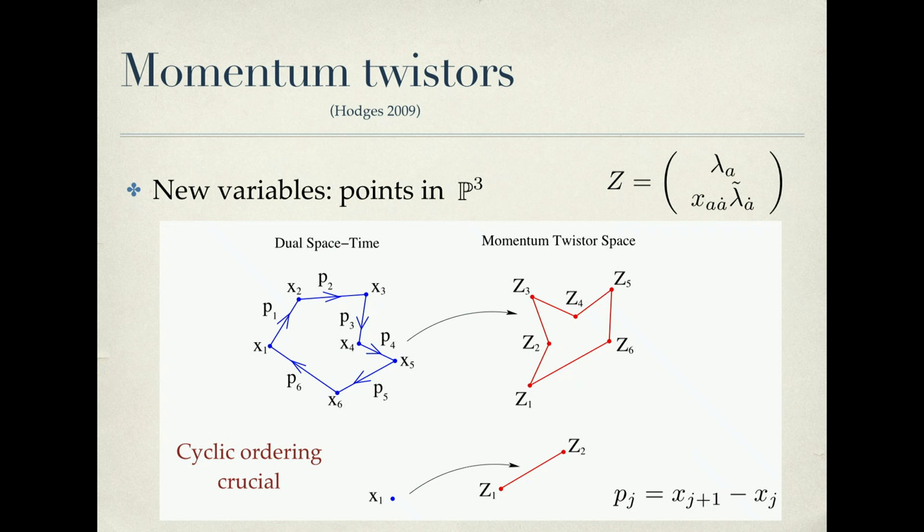But the important thing is that once you give me n momenta, I can take the same information and give you n 4-vectors. In fact, these twistors are projective vectors, so I can always rescale them and not lose any information. So these twistors are points in projective space P3. But they are 4-component vectors for us, which are rescaling invariant.